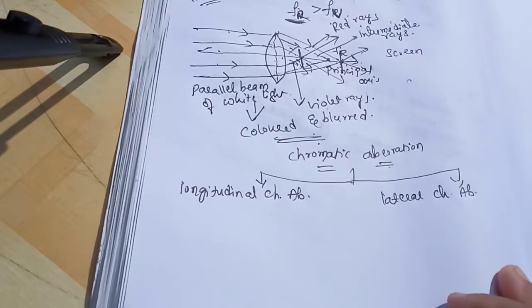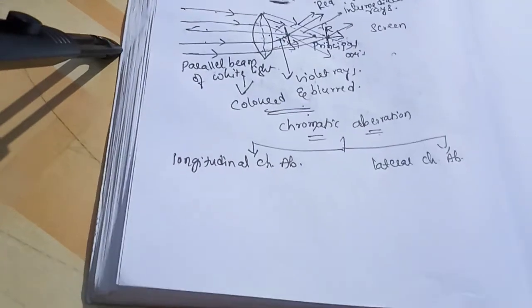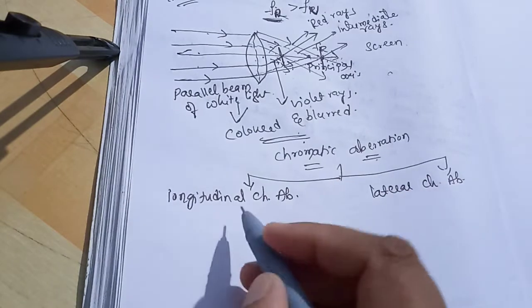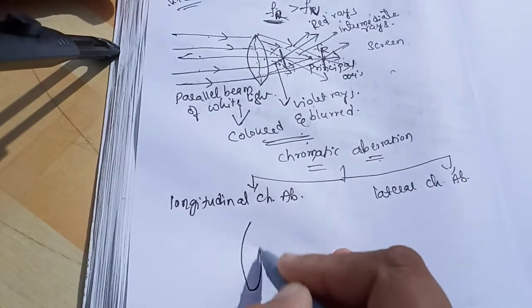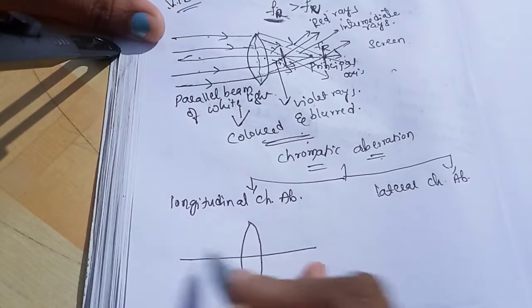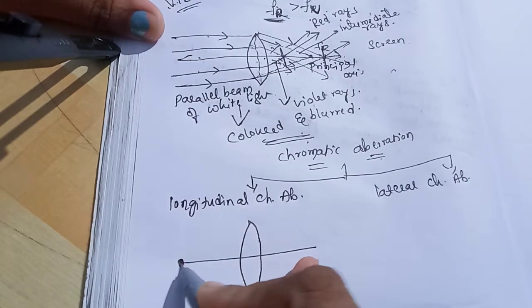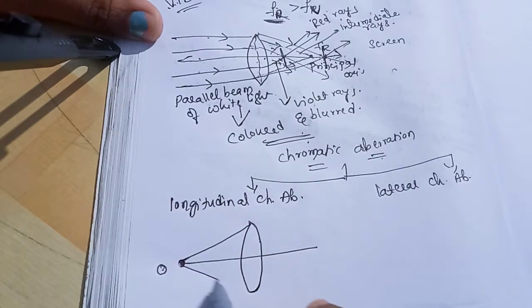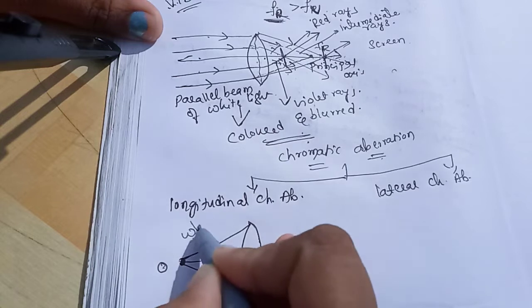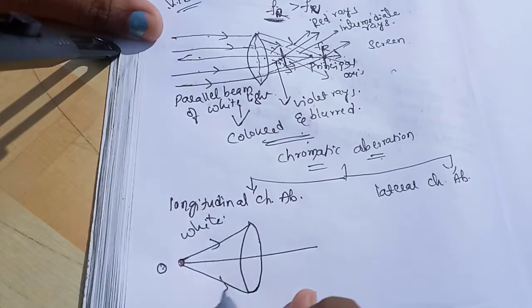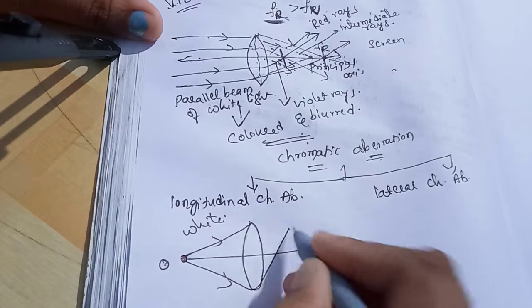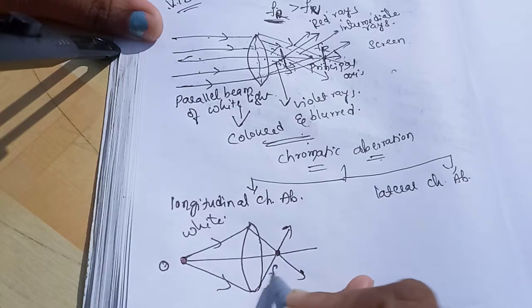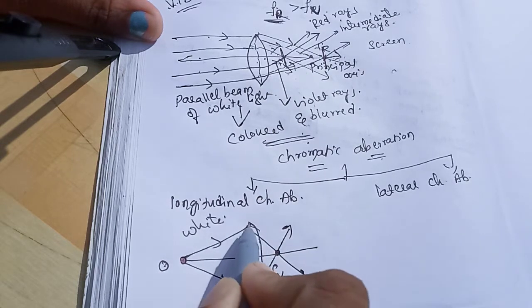First let us see what is longitudinal chromatic aberration. Here I am again taking the example of the same convex lens. Now this is a point-size white object. Violet rays, as their focal length is very less, form their image at FV nearer to the lens.